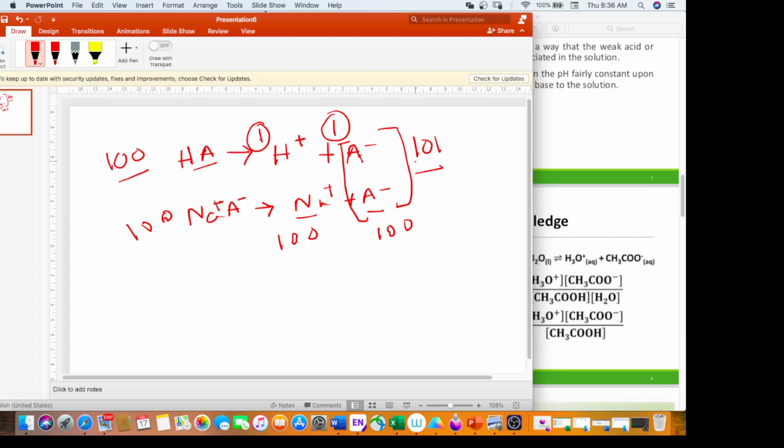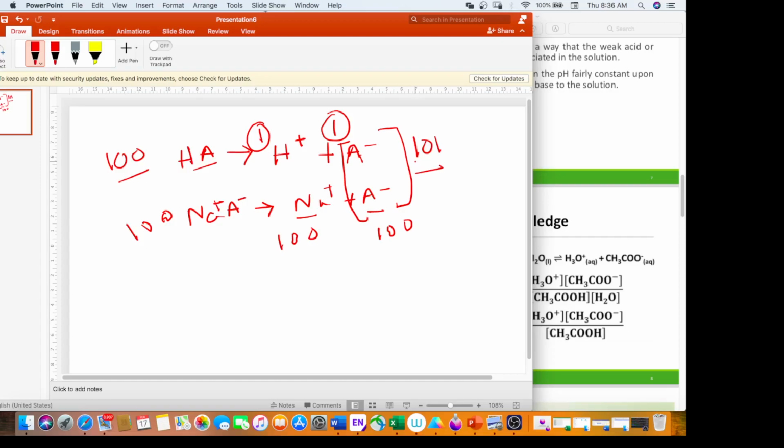Okay, so now if you put 100 of the acid, you may get 99 acid, right? 99, because one will dissociate. So 199 is very close, right? Yes, sir.